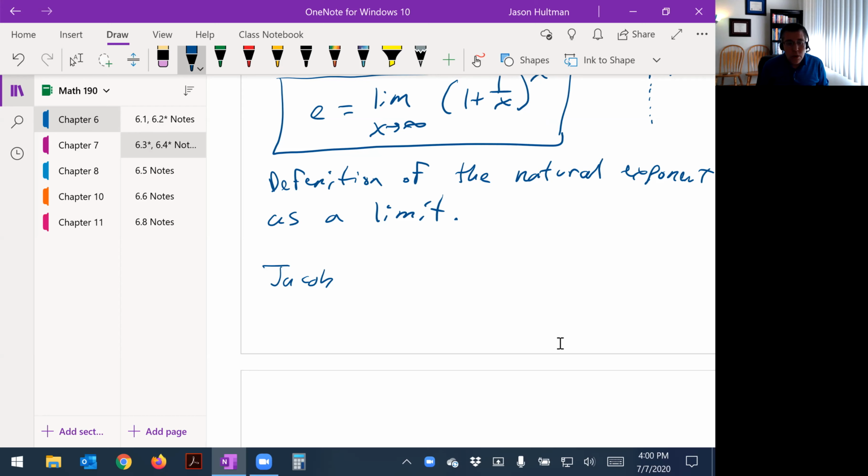The Bernoullis were an extremely wealthy and powerful family in Italy during the 1600s, and they were a bunch of mathematicians. Except Jacob was not a mathematician. Does anybody know what Jacob was? Jacob Bernoulli was a banker.